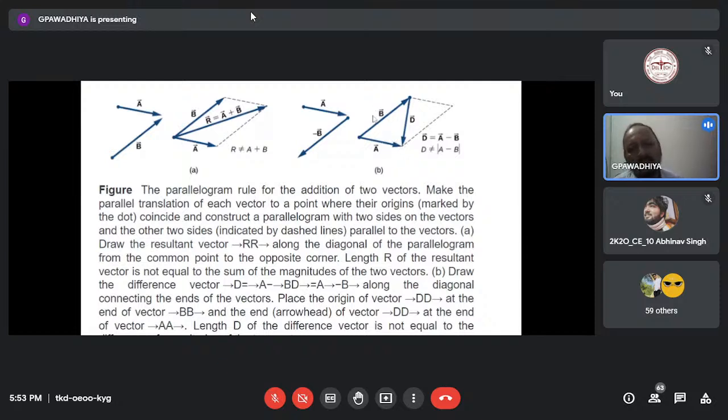So from this relation, B plus D is equal to A. A represents the resultant of B and D. If we bring B to the left hand side, A minus B is D. So this opposite diagonal of the parallelogram is representing A minus B. Again, A minus B is not equal to D algebraically.